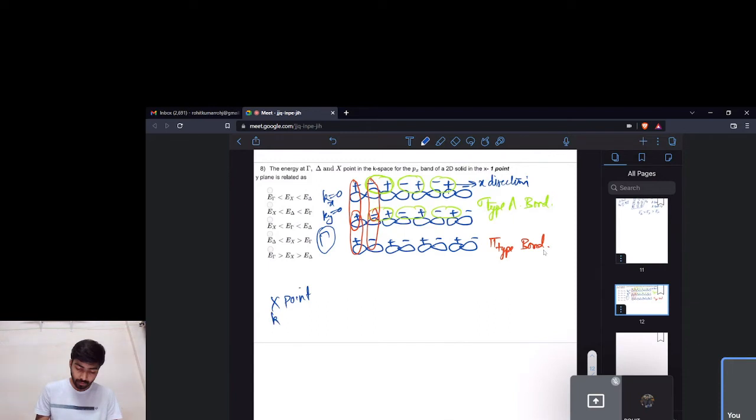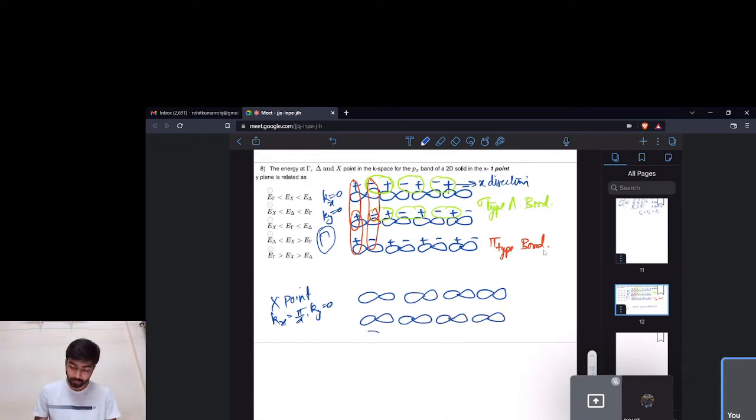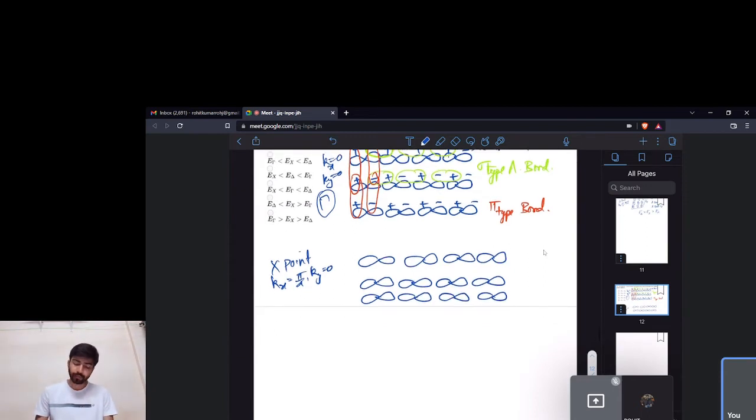X point is kx equal to pi by a and ky equal to 0. Let me draw the orbitals. Here, this is the x direction and vertical is the y direction.